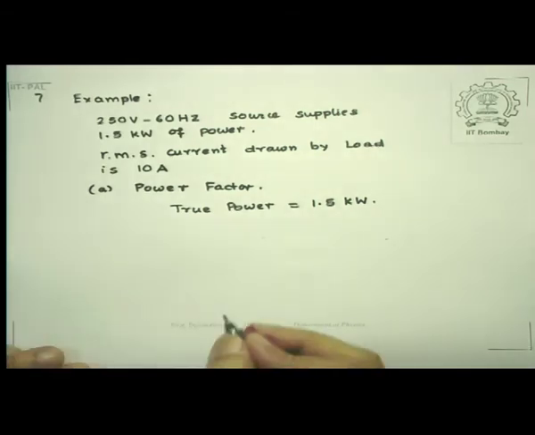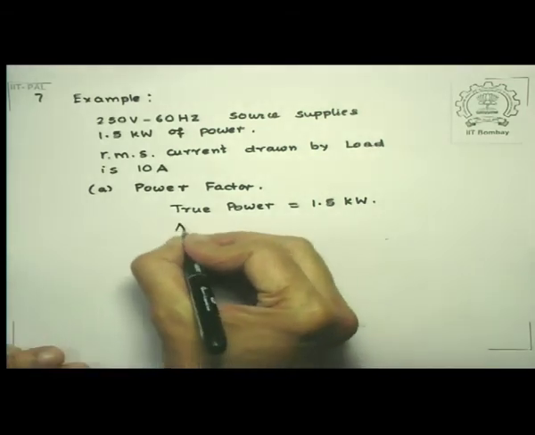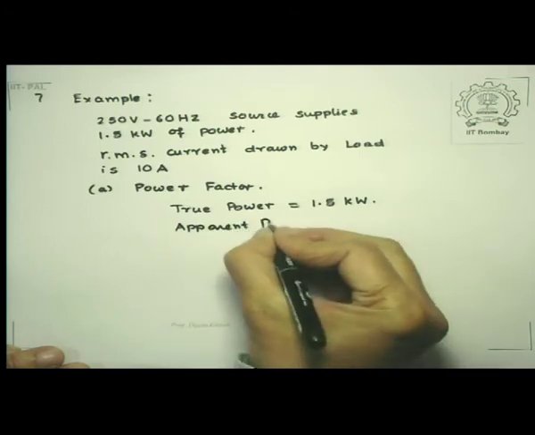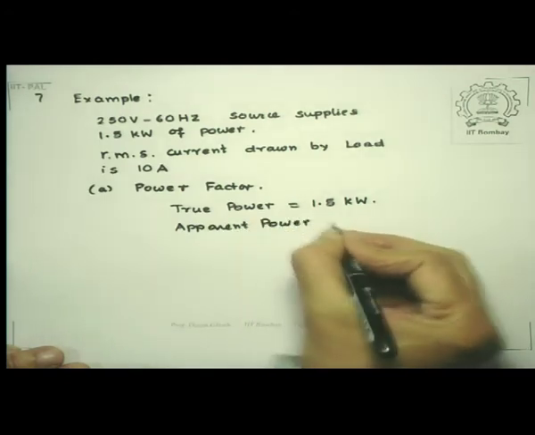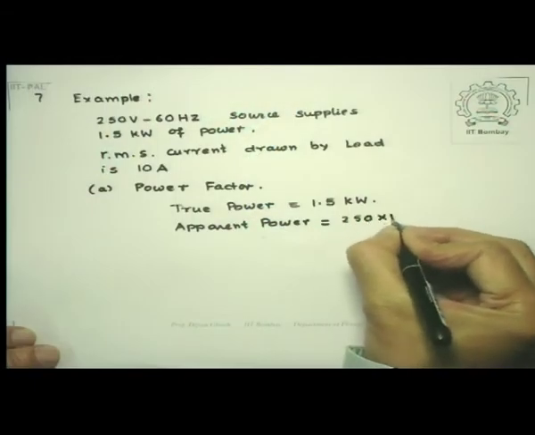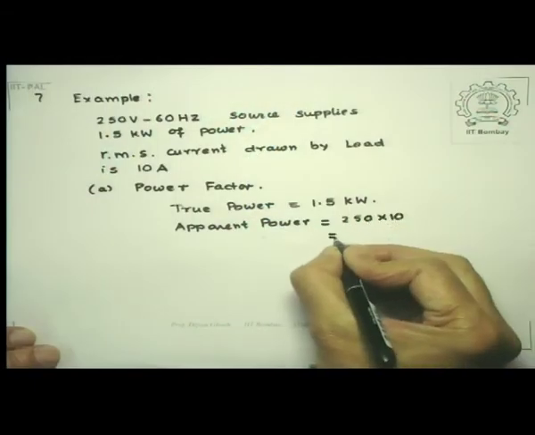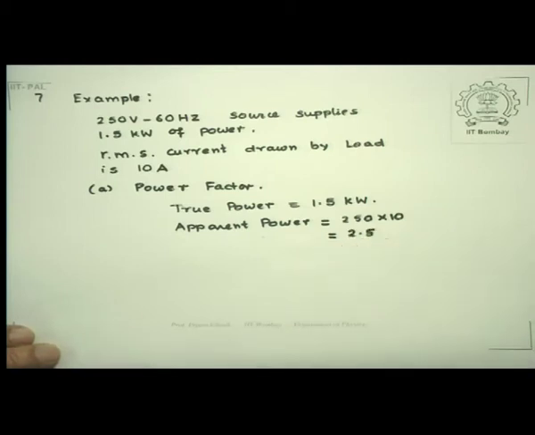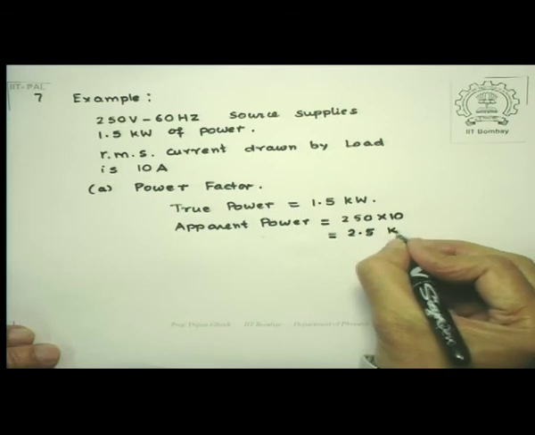Now I know how much the apparent power is, because I know the voltage of the source and the current that the load is drawing. So this is 250 multiplied by 10 amperes, and that is equal to 2.5. It is not written in kilowatt, but in kilovolt amperes.